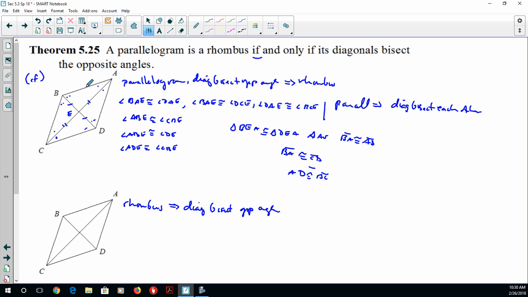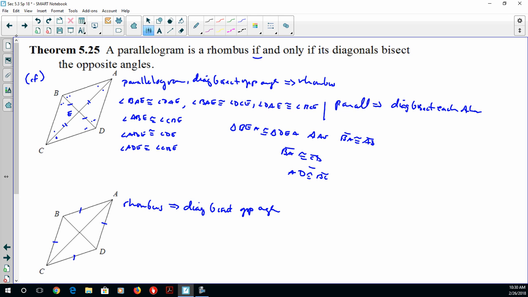The second direction is if you start with a rhombus, you want to show that the diagonals bisect the opposite angles. So if these sides are all congruent, okay, what else do you know about a rhombus? You know that the diagonals are perpendicular to each other.